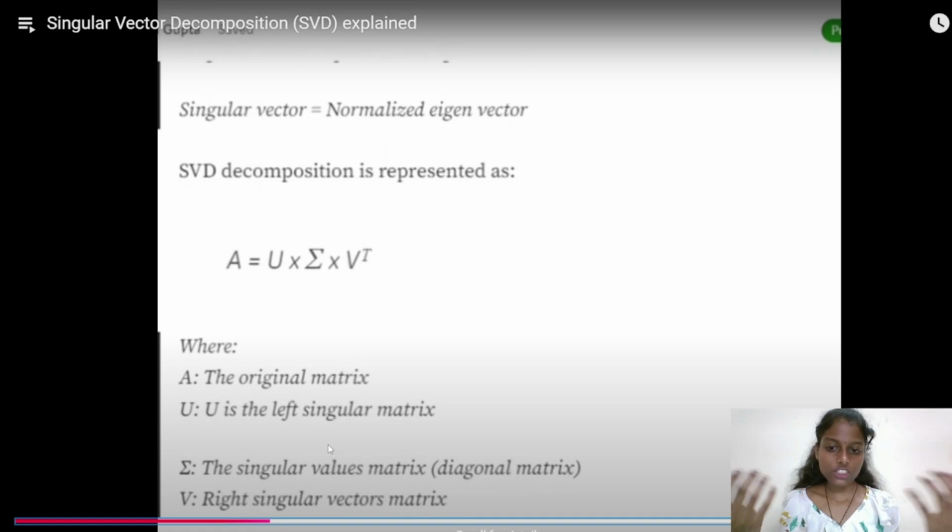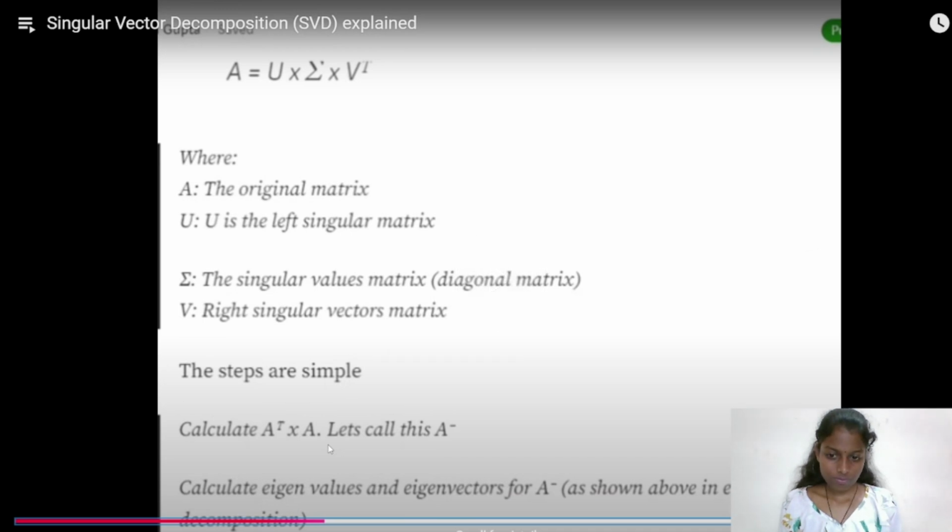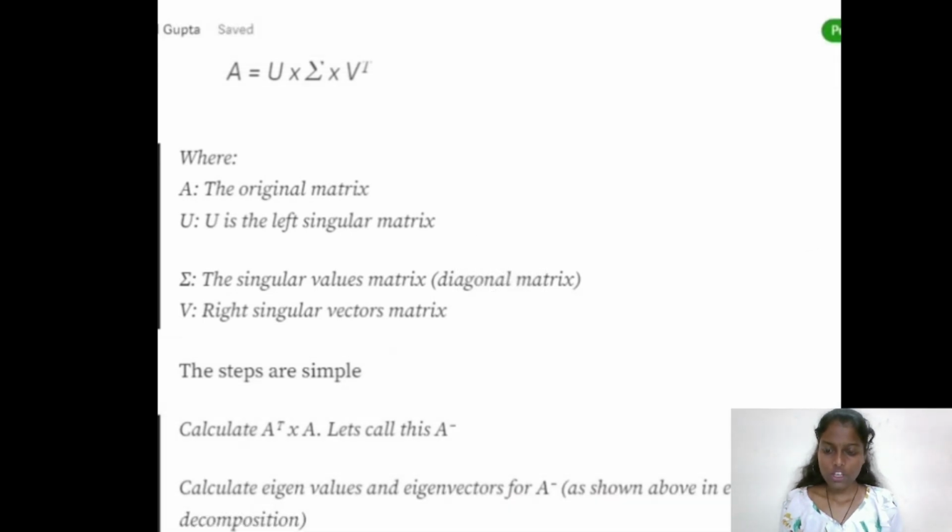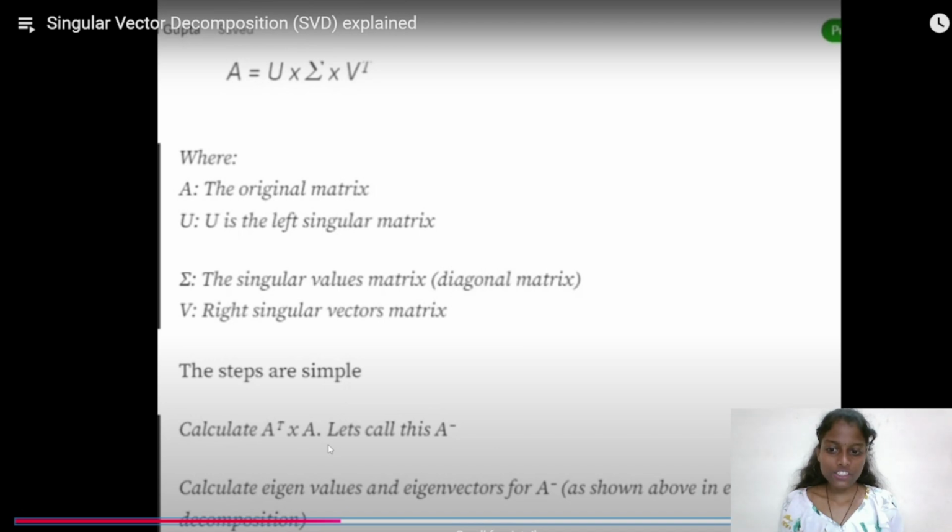A is the original matrix, U is the left singular matrix, sigma is the singular values or diagonal matrix, and V is the right singular vector matrix. In a diagonal matrix, only the diagonal values are present. Calculate A transpose into A, and let's call this A dash.